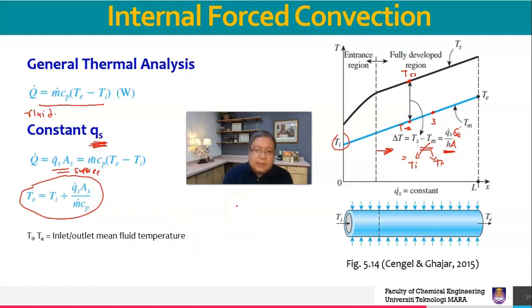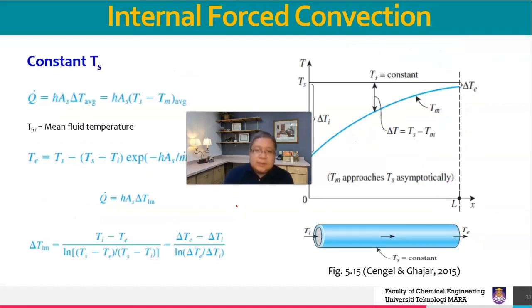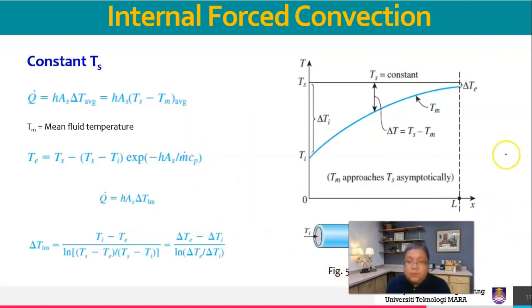Okay, let's see the next type, or you call it thermal. Just now was hydrodynamic. For constant Ts, if you look, the Ts is constant here. The one that is always increasing is Ti, and it is not increasing in a uniform trend.